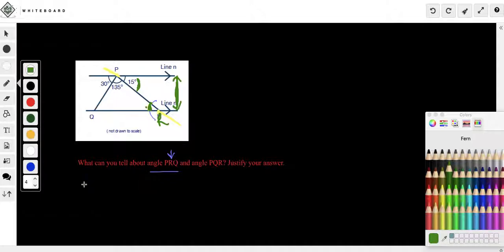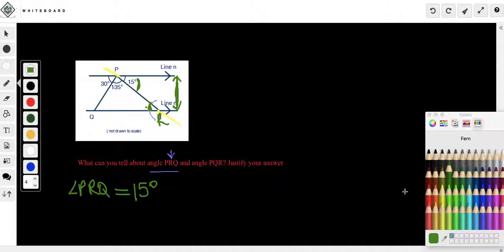So PRQ, I know now it's an alternate interior angle with this angle up here, which we can't really name because we don't have a point over here, but this 15-degree angle. So because of that, we know that PRQ is also going to equal 15 degrees.